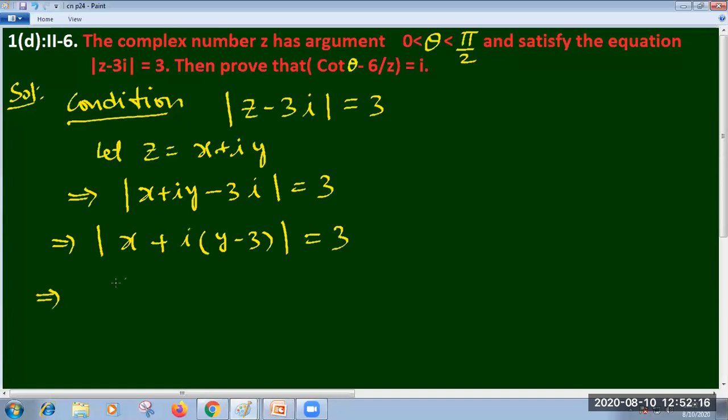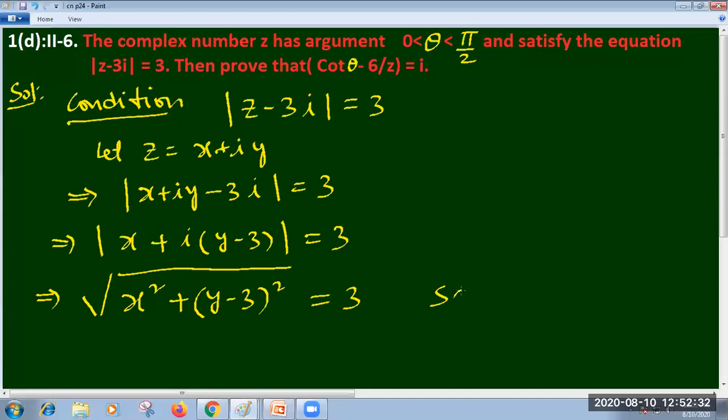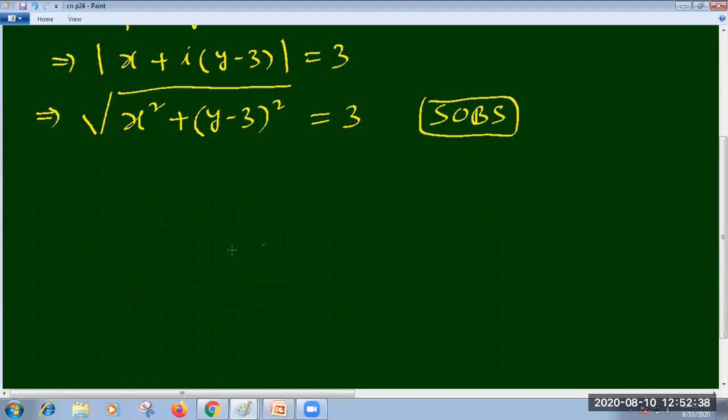Now mod z is equal to under root x square plus y square. So this also is under root x square plus y minus 3 whole square is equal to 3. Now squaring on both sides, the root will get cancelled.